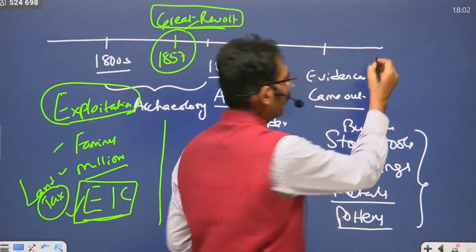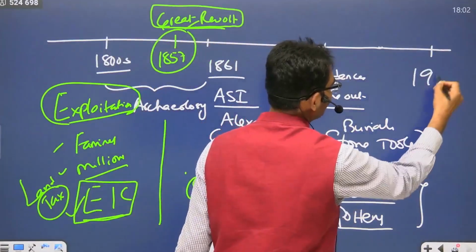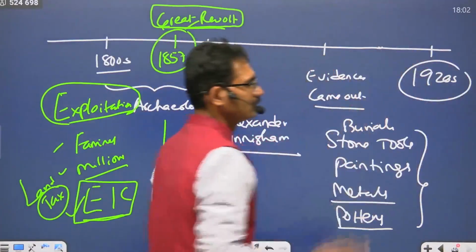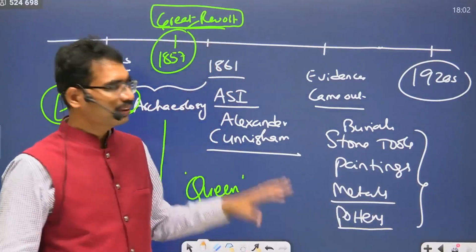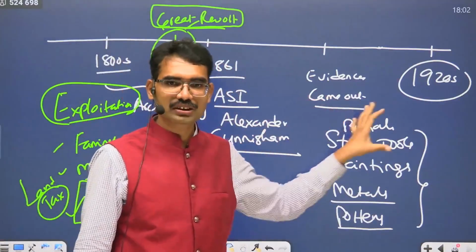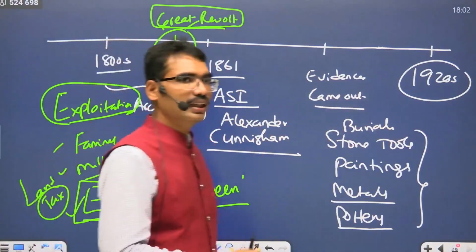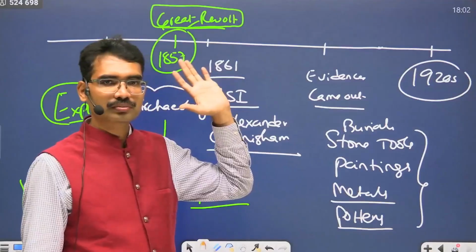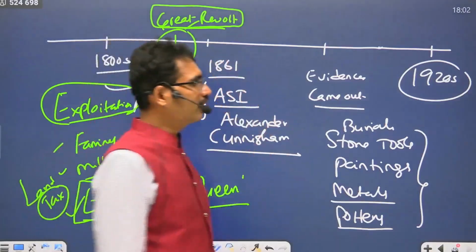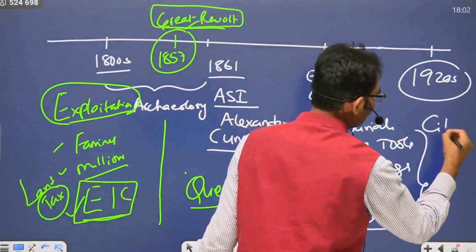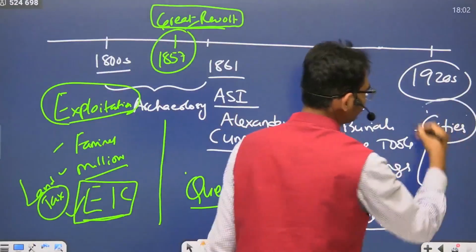Then one of the great civilizations of human history emerged. It surprised even the scholars, archaeologists, British administrators, that how developed Indians were long ago, almost 5,000 years ago itself, Indians were living in cities.